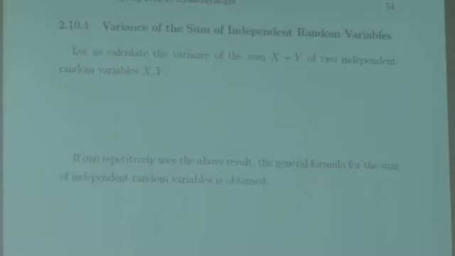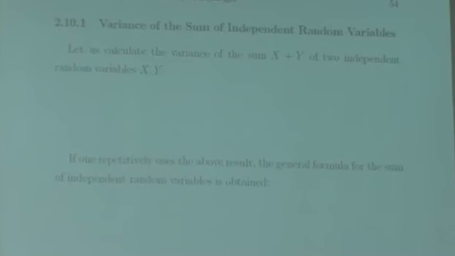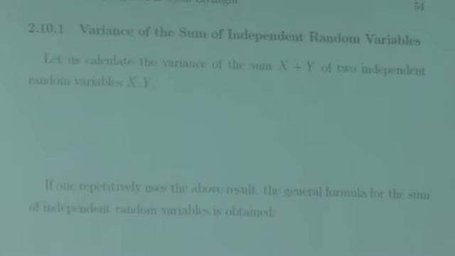Oh, wait. Let's do one more step. Let's repetitively use this result for more random variables than 2. So in general, if you have 3 random variables, what happens to the variance of the sum? Let's show that.